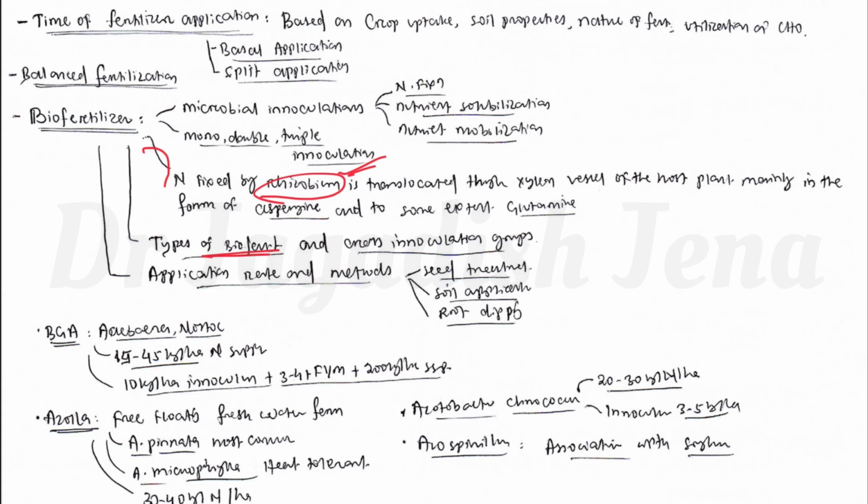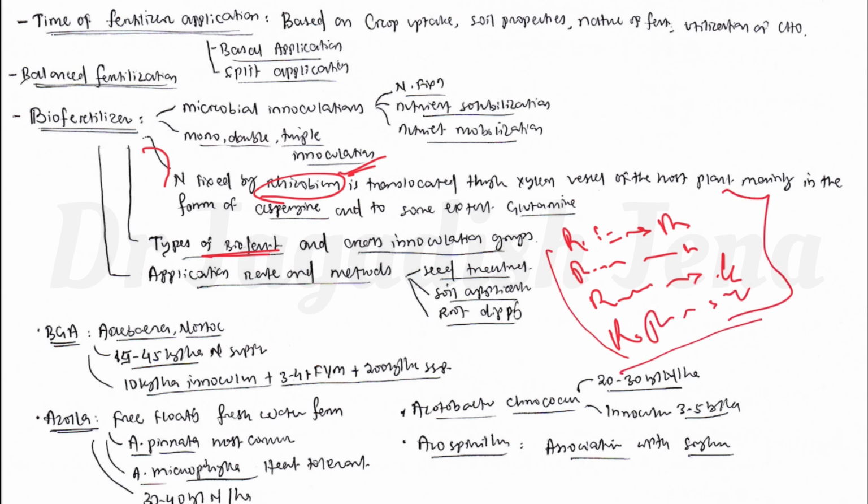Based on that, we have different cross inoculation groups, like Rhizobium trifolii, which is suitable for the berseem crop. Rhizobium meliloti is suitable for the lucerne crop. Rhizobium leguminosarum is suitable for the pea crop, and Rhizobium japonicum is suitable for soybean. So this is how different cross inoculation groups are present.